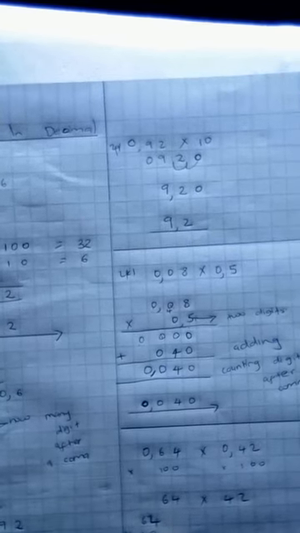Now let's multiply 64 by 42. Let's work it out like this. We put down a 0 first because we're multiplying with a number which has got 2 digits, right? 4 by 4, it's 16.